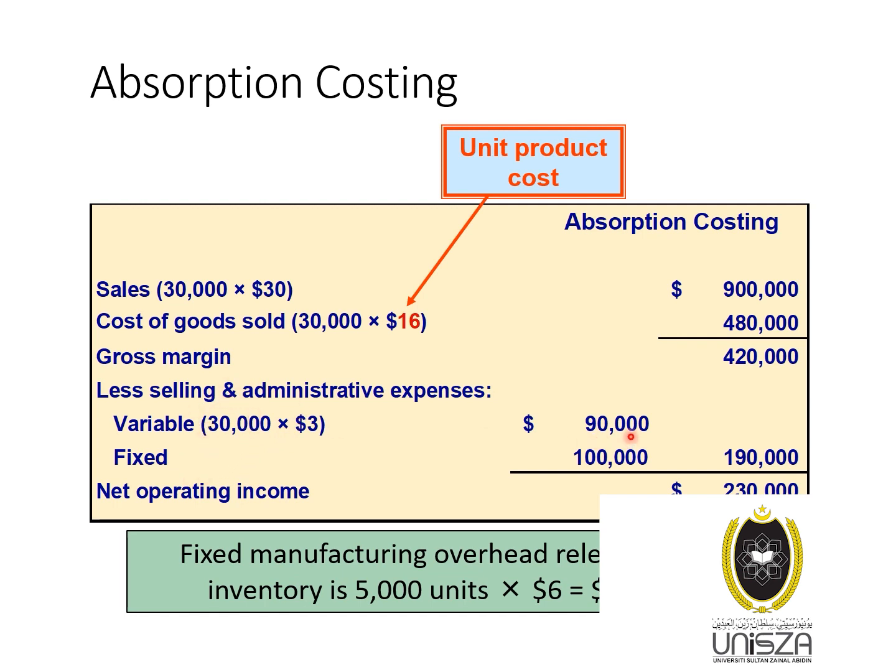And remember, under the marginal costing, we reported 150,000. So then the net operating income is 230,000 under absorption costing. So the fixed manufacturing overhead released from inventory is 30,000.